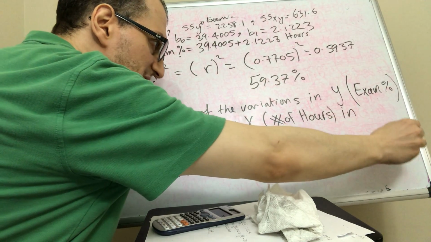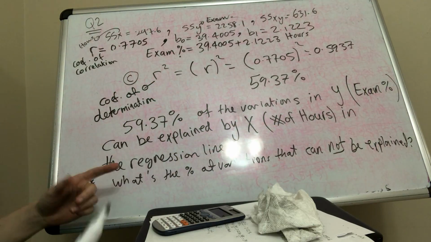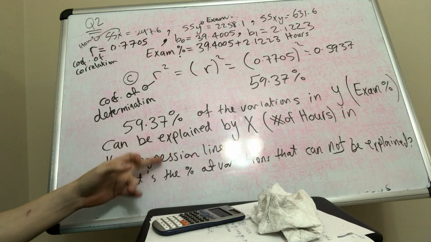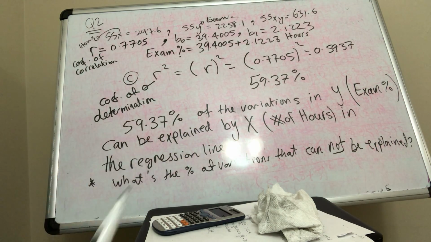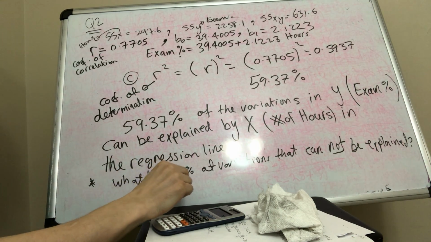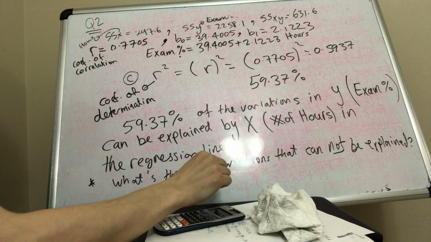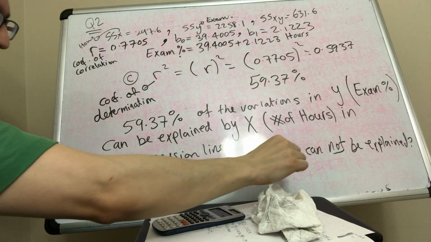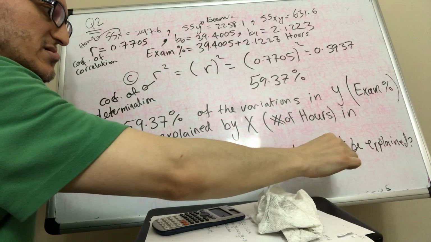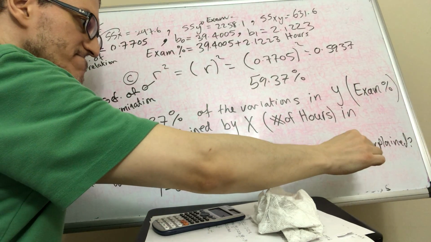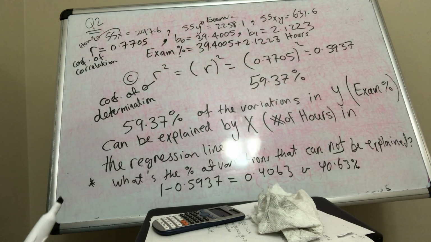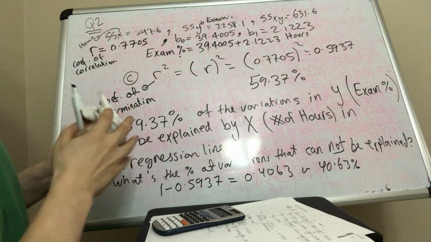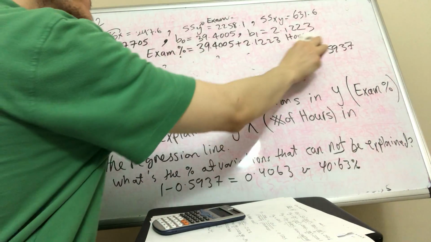We know R squared is the percentage that can be explained. Cannot be explained, you go 1 minus. And that gives you about 40% cannot be explained. Okay, I'm going to add this to my summary as well.